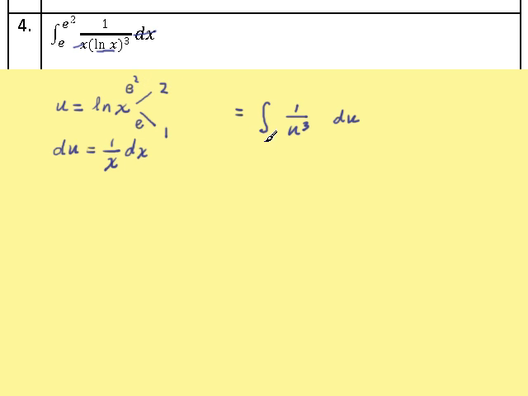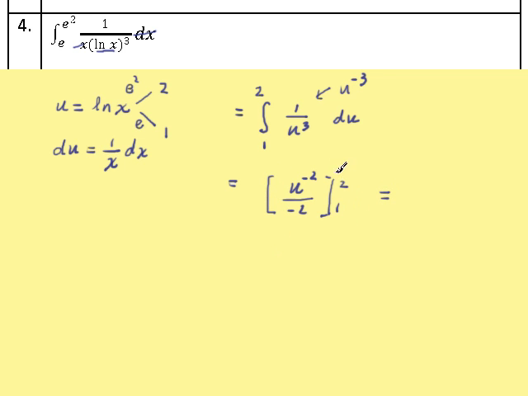So this turns into the u integral between 1 and 2. All right, so this is u to the minus 3. Let's just do a power rule here. Add 1 and divide by the new exponent. And now we'll put in those limits of integration, 1 and 2.